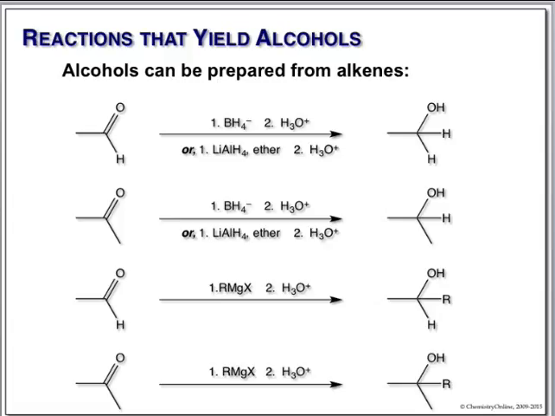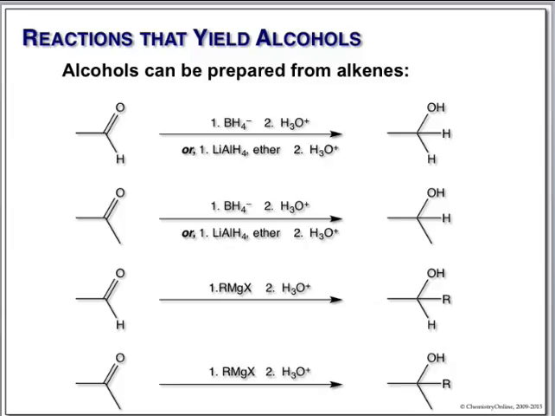We also said we could make alcohols by reduction. There are 2 modes of reduction that we've talked about, borohydride and lithium aluminum hydride. Borohydride is nice and simple. It is not as selective as lithium aluminum hydride is, but typically it works fine.